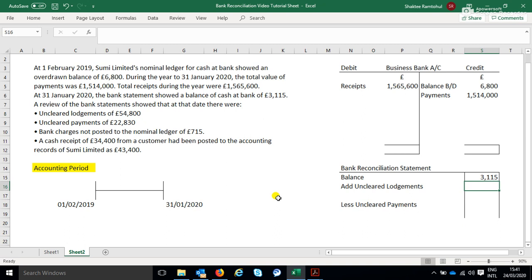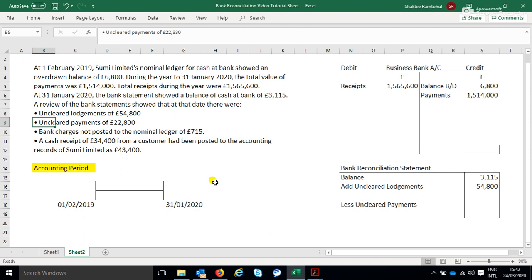So how does that affect our bank statement balance? Going back to the bank statement, this is meant to increase our bank statement balance. So I'm going to add here 54,800, and that represents uncleared lodgements.